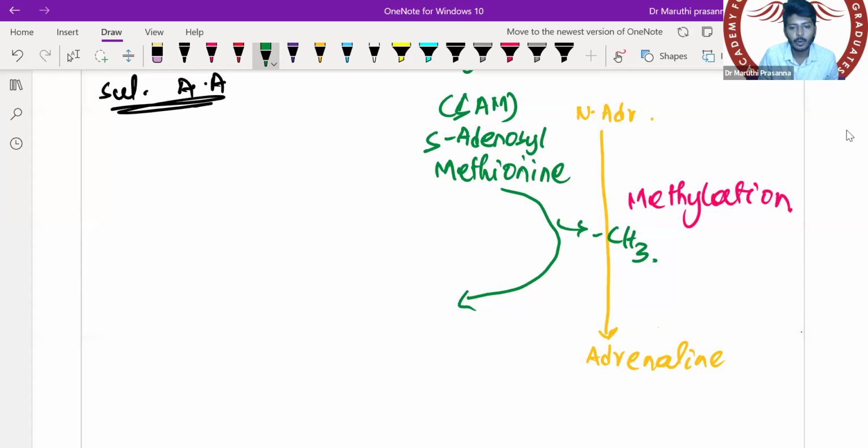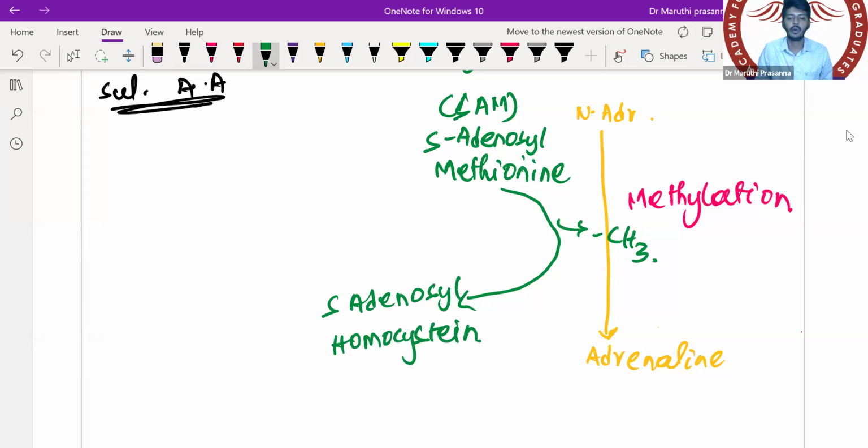After removal of the methyl group, it will form S-adenosyl homocysteine.